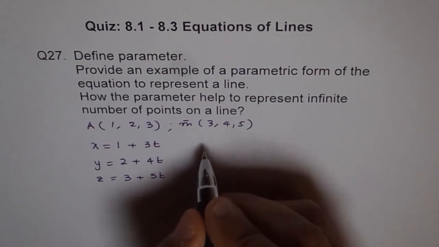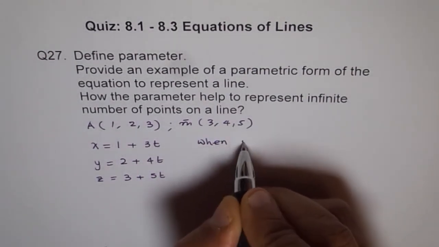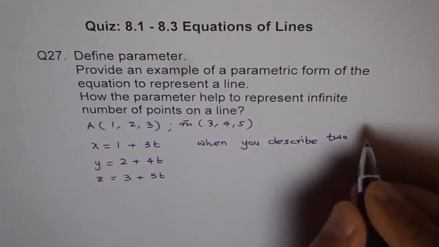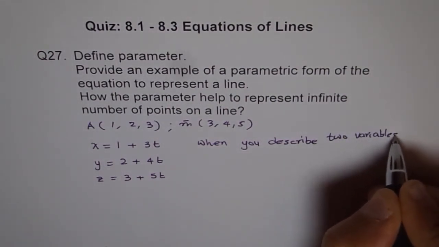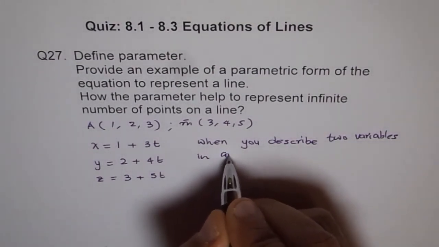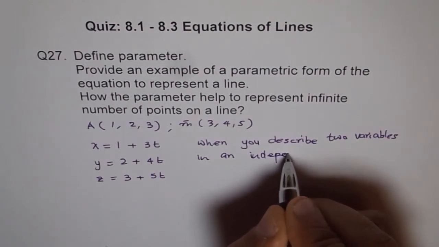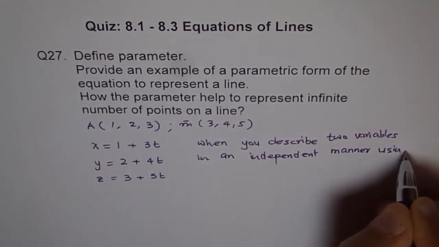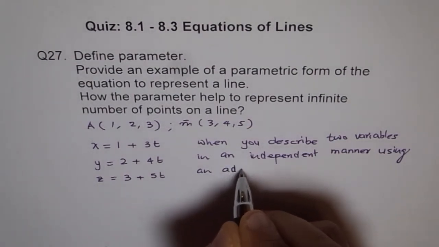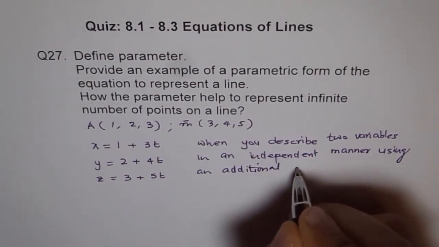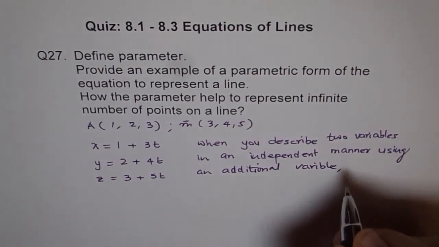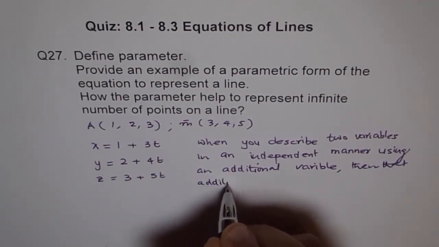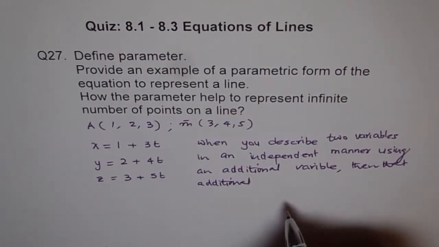So basically, let me write this for you so that it's very clear to you. When you describe two variables, at least, in an independent manner, using an additional variable, then that additional variable, I'm not saying third variable because in 3D we have 3, right?